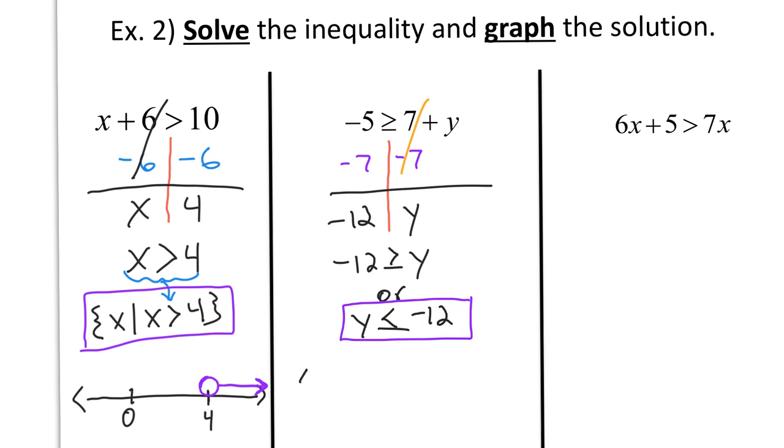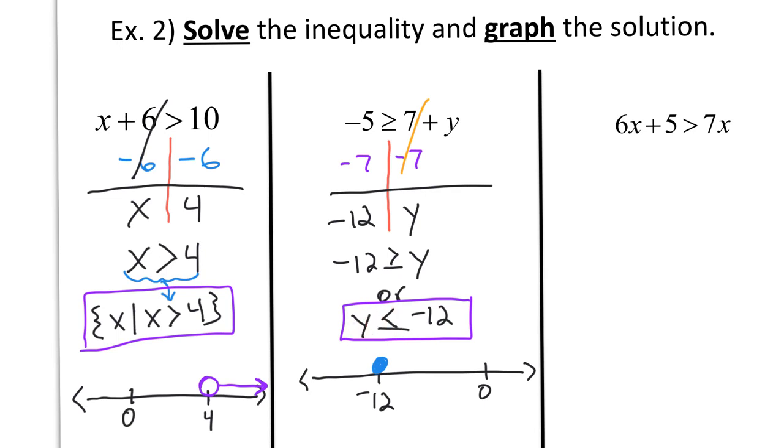On the number line, you guys will have the 0 right here. I'm going to say negative 12 is right here. I'm just going to estimate. And we do need a closed circle because we have or equal to here. So you're going to make a closed circle and look at the inequality. It is pointing to the variable.